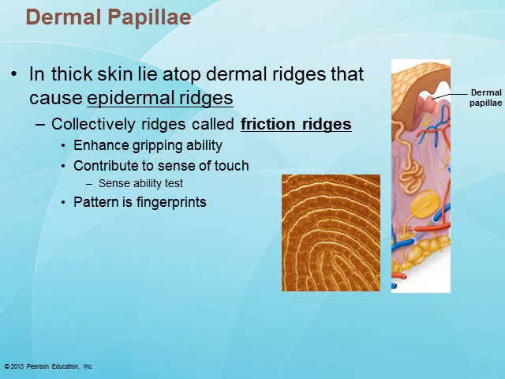So on the epidermal layer you also see the structure, those ridges, and you call those epidermal ridges. And those ridges give you better friction, so sometimes you call it a friction ridge.